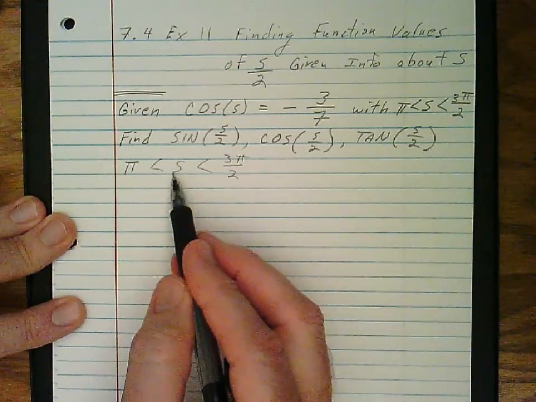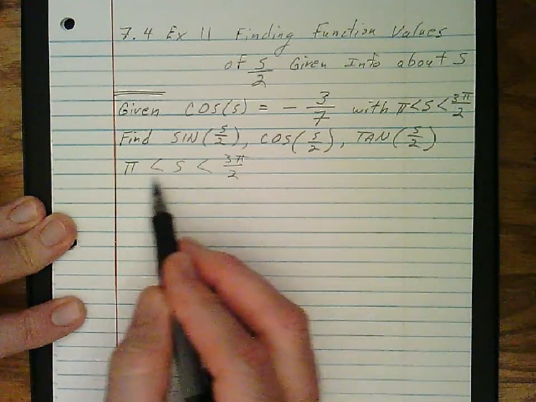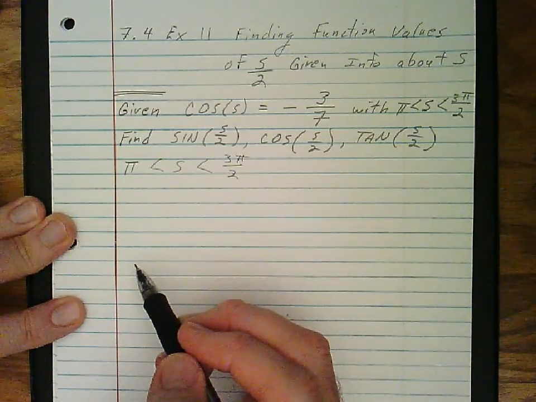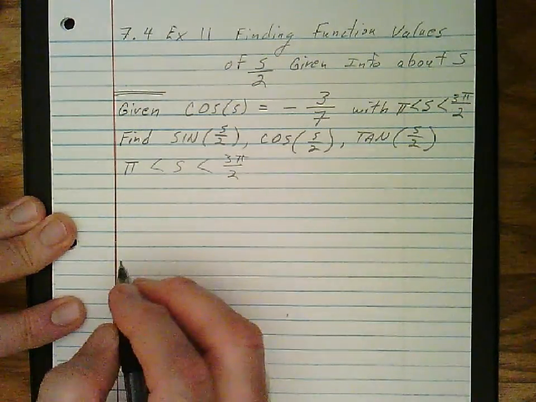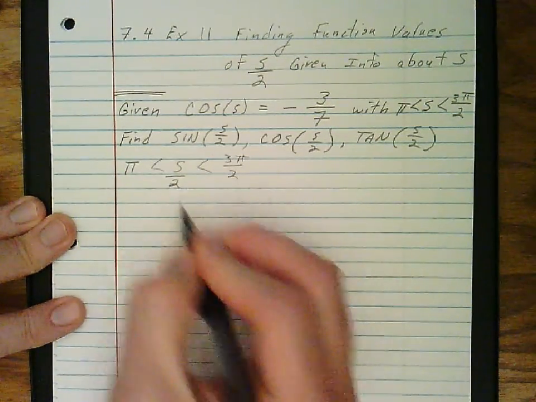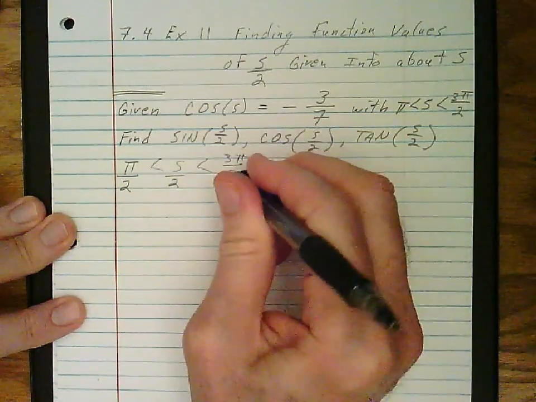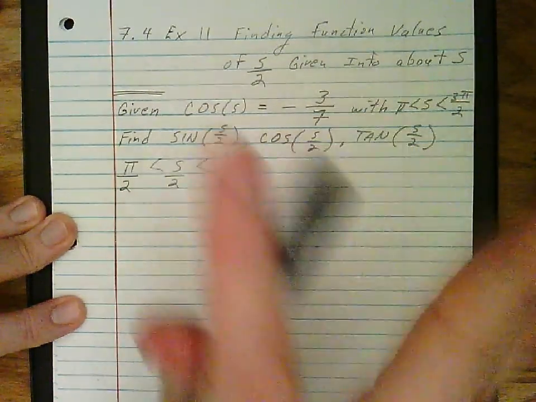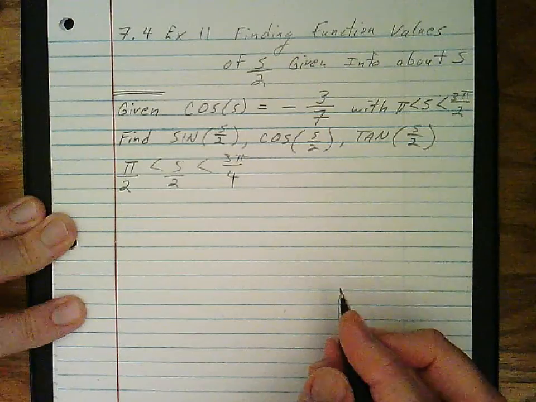Well, I want to solve for s divided by 2, not s. So I need to divide all three intervals by 2 in order to put s over 2 in between these. I have to divide 3π/2 by 2, and 2 times 2 is 4.